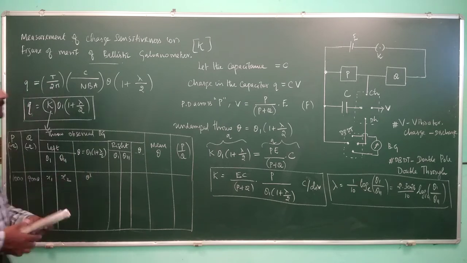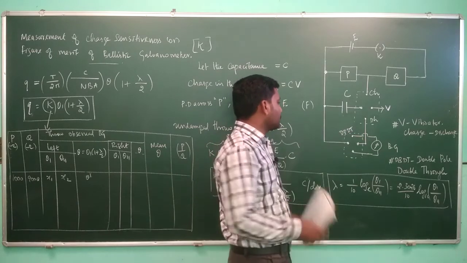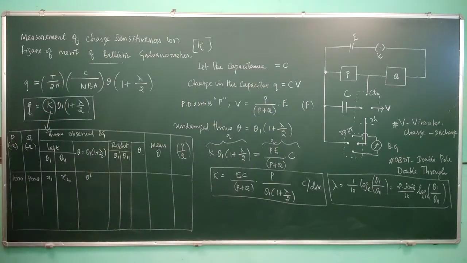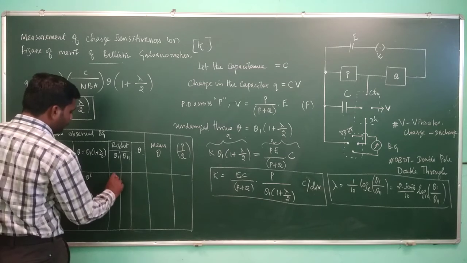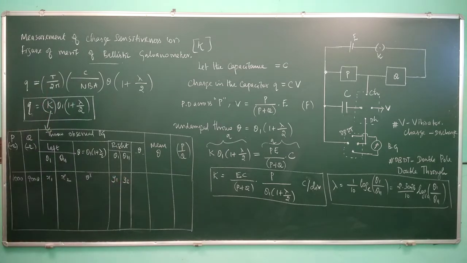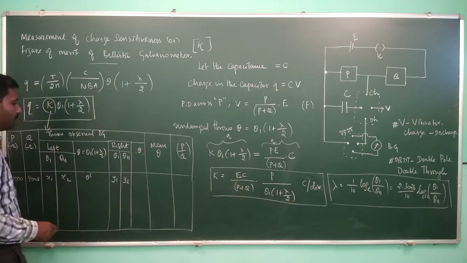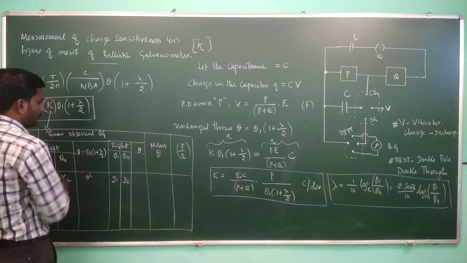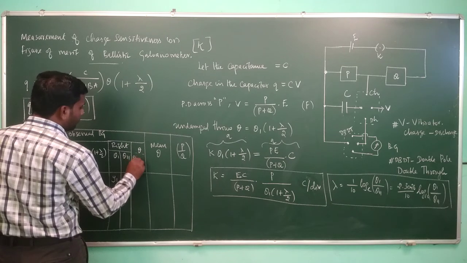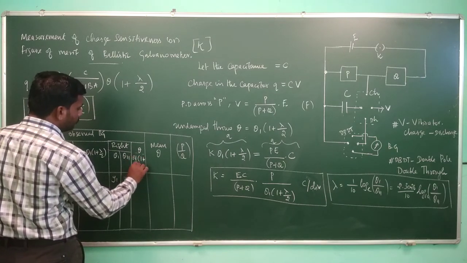Now this is for one position, and you change the position of the DPDT, and again you charge and discharge. Now we will get the deflection on the other side, for example the right side, and again you can measure theta 1 and theta 11, let's say y1 and y2. Applying theta 1 and theta 11 in the formula for lambda, you will get lambda. Then substitute that in this equation: theta 1 multiplied by 1 plus lambda by 2.